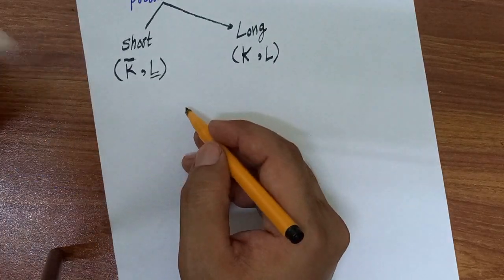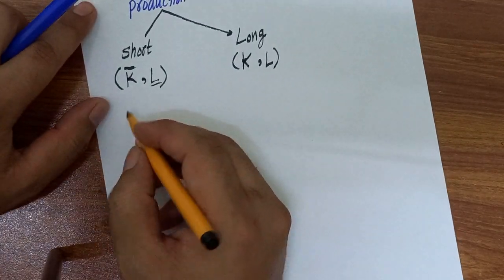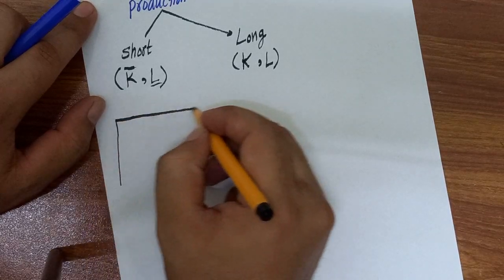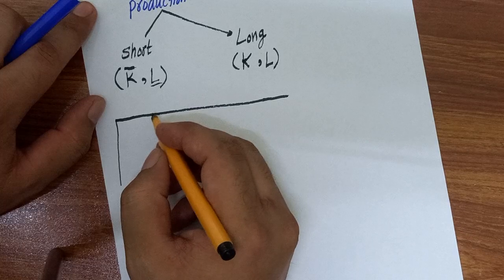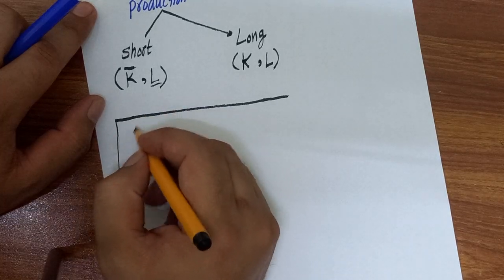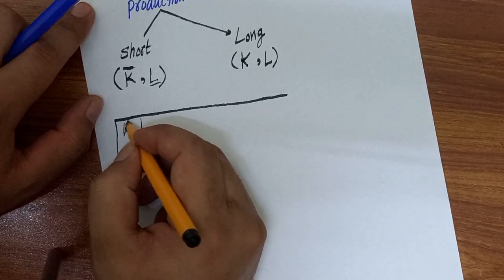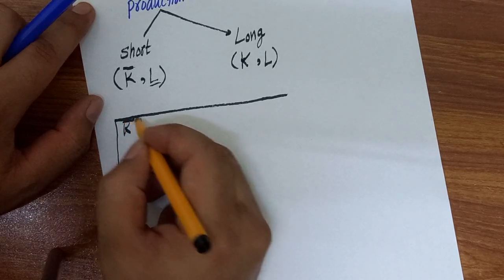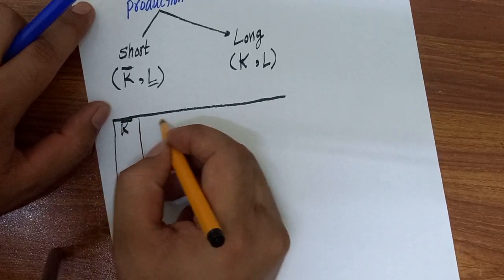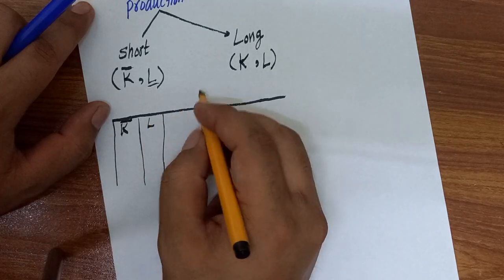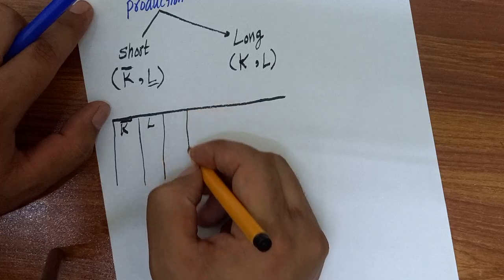So for the short term we will make a table. In the table some data will be given. Let's say we have K, and the K is constant throughout, and we have labor, we have quantity.